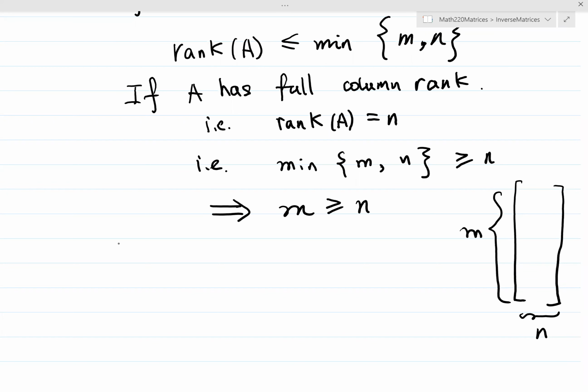The dimension of the row space and the dimension of the column space are the same. Although we haven't proved it yet, this is the fact. Now A has rank n, which means we can find n linearly independent row vectors.